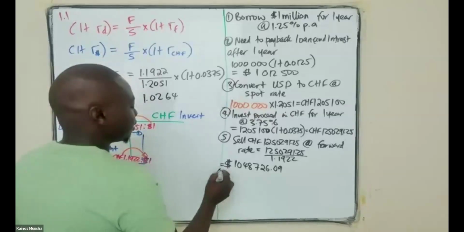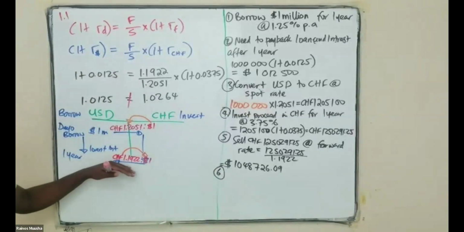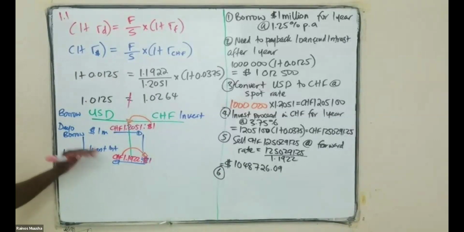And step number 6, we are here with our investment proceeds. We also have our loan and interest due, isn't it?